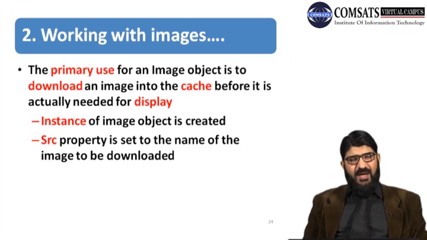So always remember that an image, when requested, is first downloaded into the cache of the user's browser and then displayed to the user. What is an instance? An instance is basically of the image object that is to be created. And what is source? Source is the property that is to be set to the name of the image that has to be downloaded.